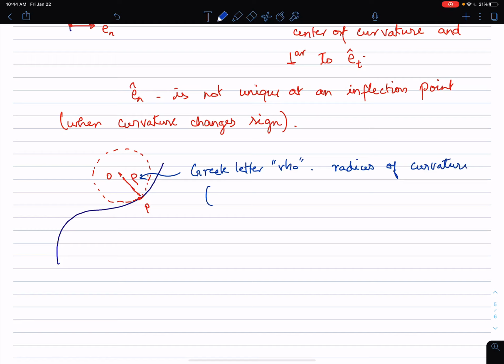If you want to be a bit more specific, you can call it the instantaneous radius of curvature. Okay, so it's not moving in a circle, but instantaneously it appears to move along a circle of radius rho, and then this rho keeps changing as you move along the curve.